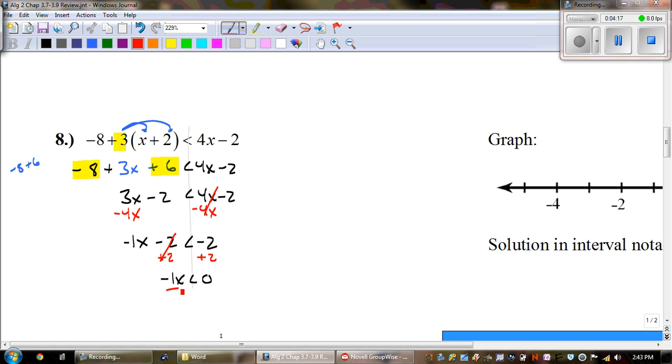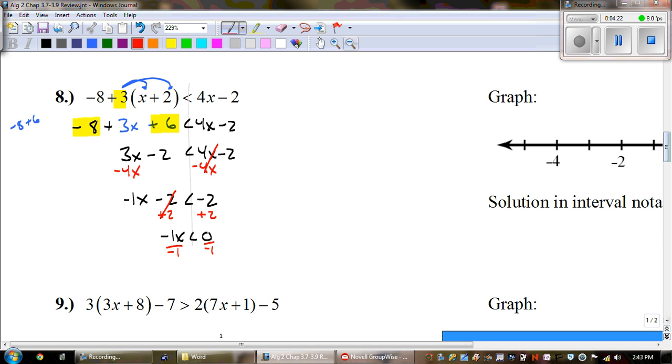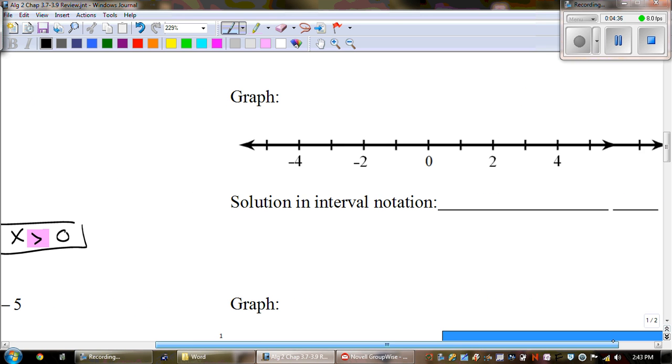And the last thing that we have to do is divide. And what am I dividing by? That's right, I'm dividing by a negative, so I've got to make sure that I flip that sign. So it's going to be greater, and 0 divided by negative 1 is 0. So over here we are graphing x is greater than 0.